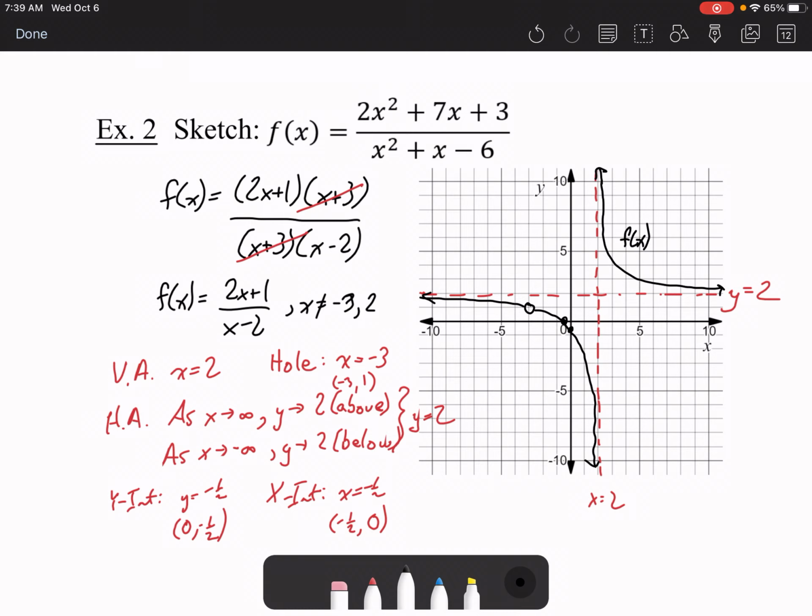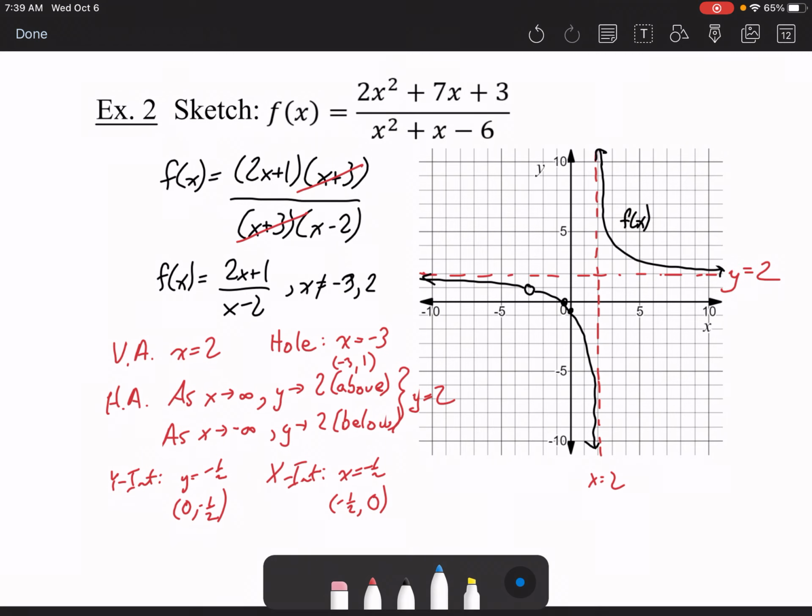You could try choosing some values like x equal to 3 or x equal to 5 just to see where those points might actually occur. Now, you can also notice some more end behavior for this function, not only as it approaches the horizontal asymptote, but also as it approaches the vertical asymptote.